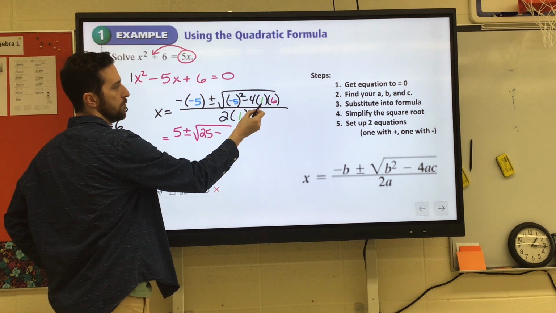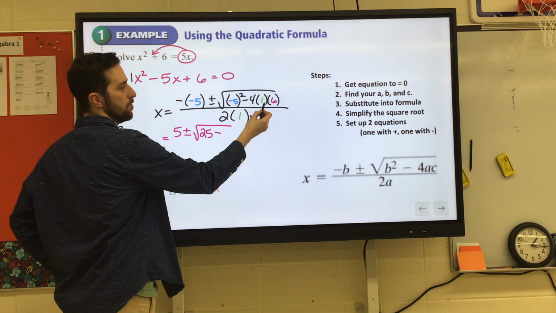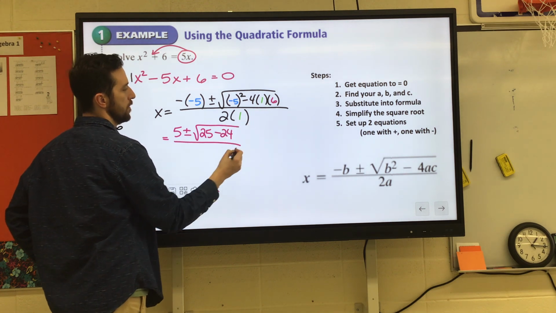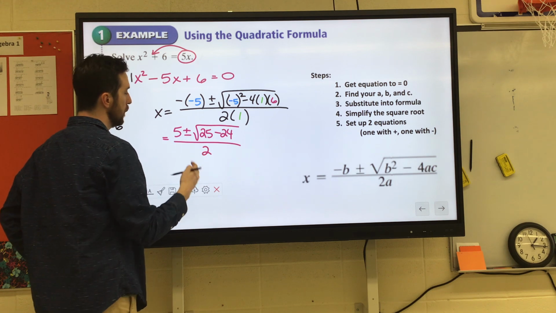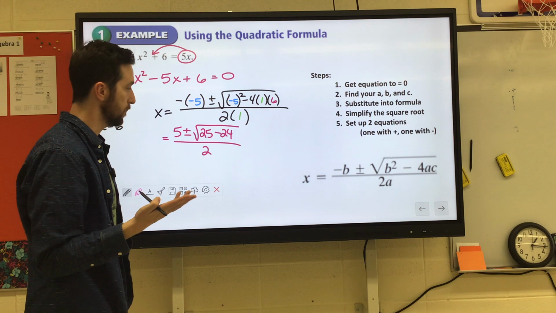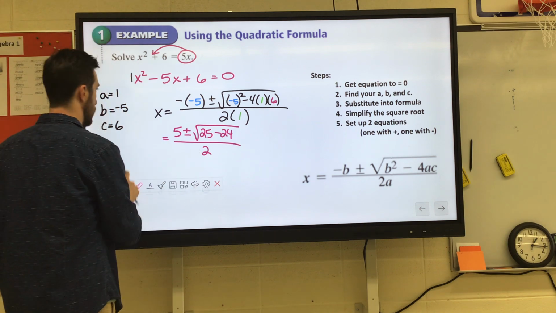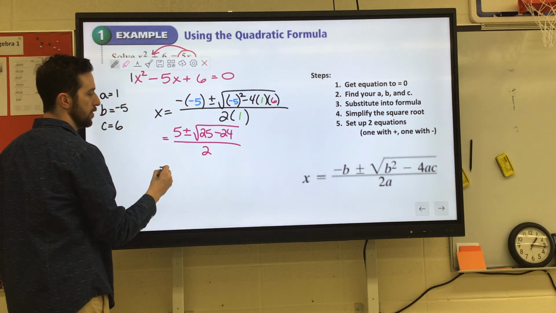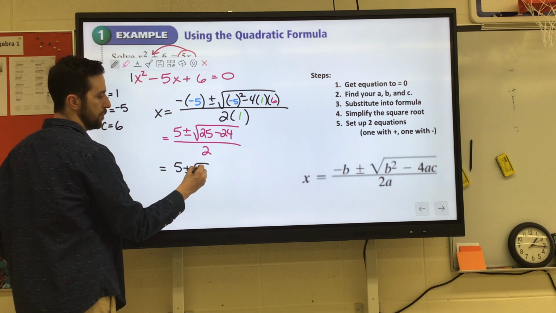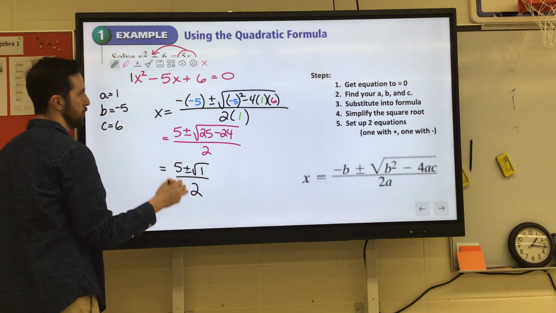Minus 4 times 1 times 6. 4 times 1 is 4, times 6 is 24. The denominator, 2 times 1 is 2. Already that looks a lot nicer, a lot easier. We're going to still work in the square root, because we could do 25 minus 24. That's just 1. So 5 plus or minus the square root of 1 over 2.